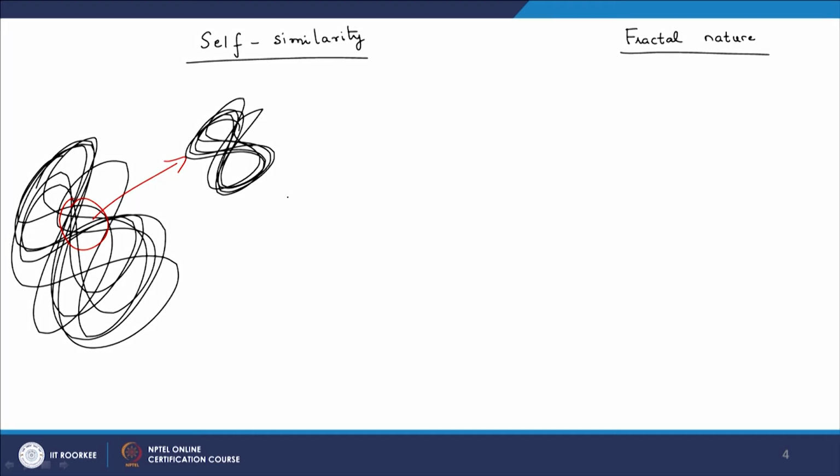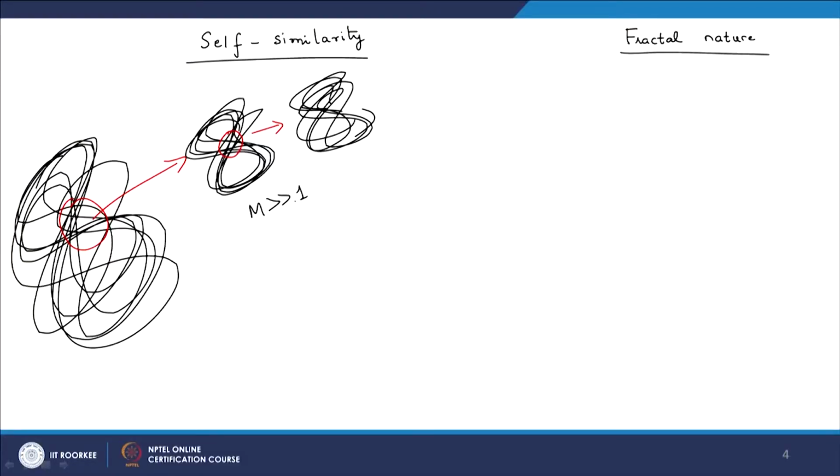Again, if I zoom into here, I will still see the same kind of chain, right. So, do not really go by the scale here. We can change the resolution of our camera, and we will look at the same kind of structure at all scales, and this has happened because M is very large.